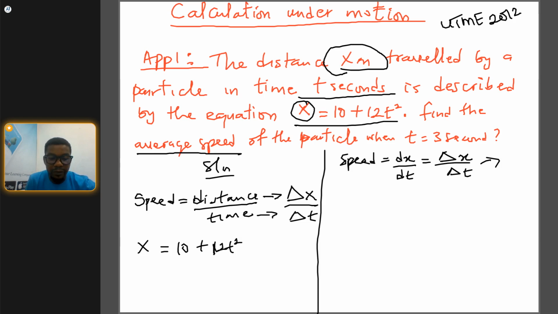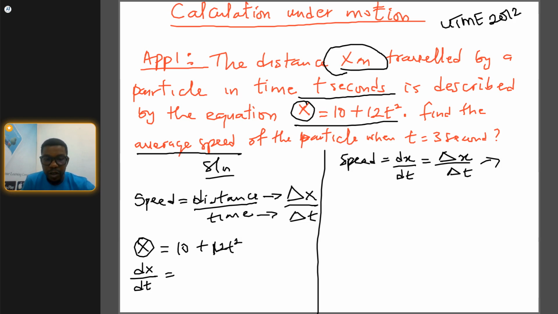We have the function x, which is representing distance, and it's given in terms of time, t. So to get the change in x over change in t, we have to apply the law of differentiation.